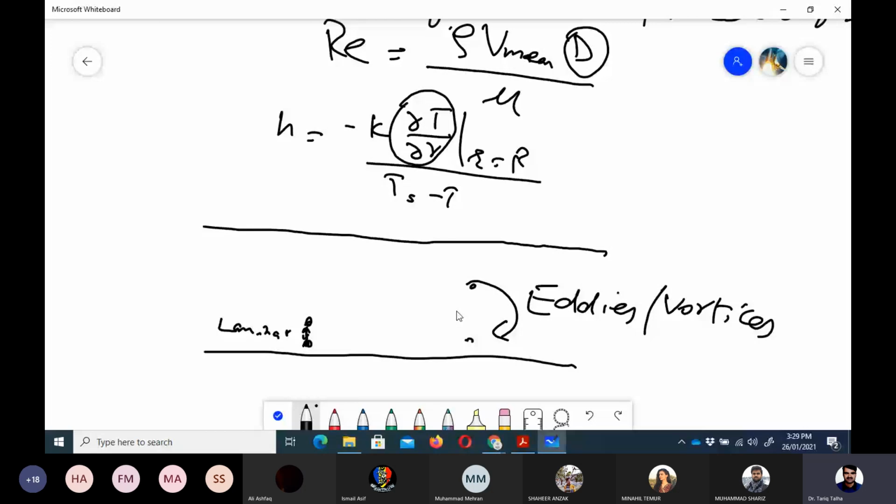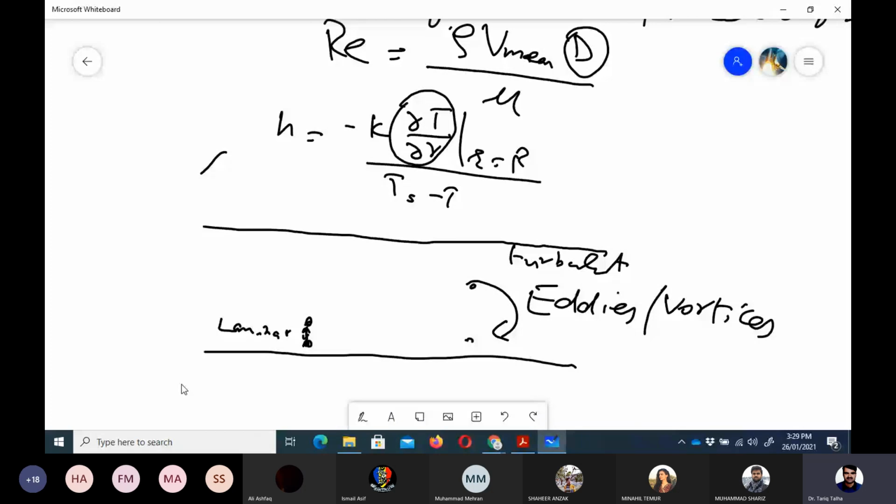So in the turbulent flow, because there is a rapid movement of molecules, they are not staying in their respective positions. They are moving about, so they are going to exchange momentum more rapidly. That's why in turbulent flow we would have a higher value of Nusselt number.